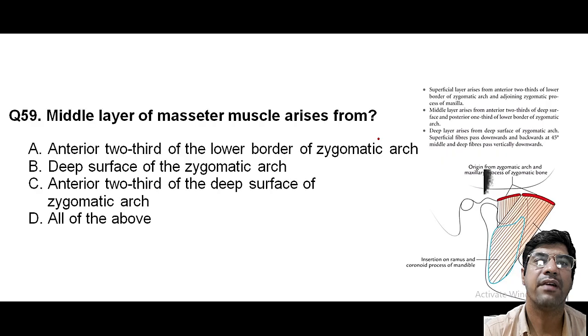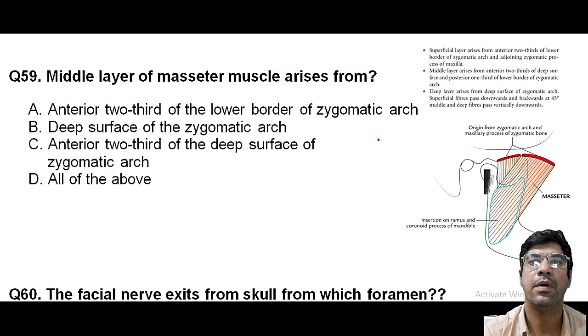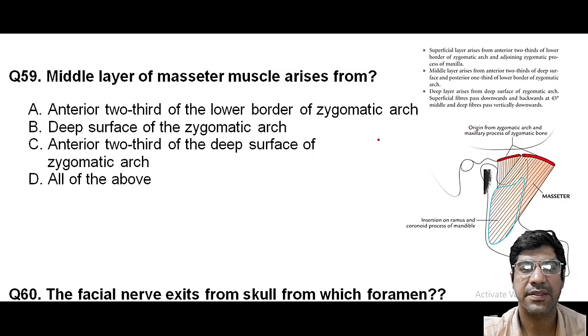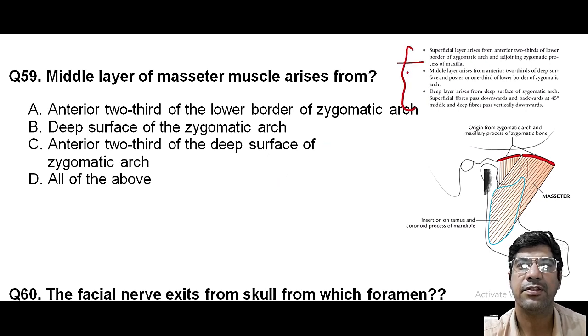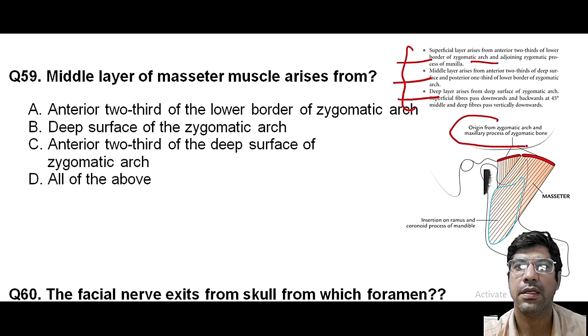The middle layer of masseter arises from the anterior two-thirds of the deep surface and posterior one-third of the lower border of the zygomatic arch. So there are three layers: superficial, middle, and deep. The superficial layer arises from the anterior two-thirds of the lower border of the zygomatic arch and adjoining zygomatic process of the maxilla.